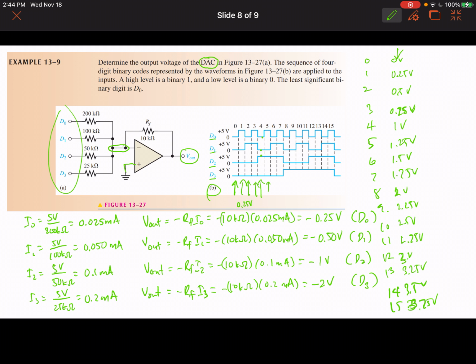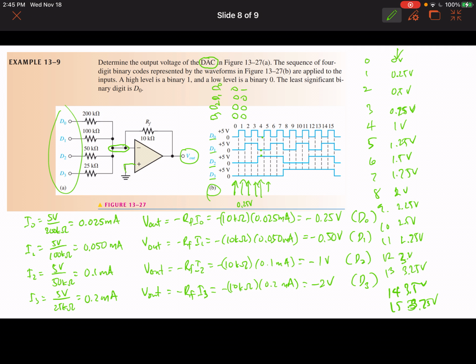So for example, we have here D3, D2, D1, and D0. So for time 0, we have all zeros, so 0, 0, 0, 0. Now for time number 1, we have all signals 0 except for D0. So this is 0, 0, 0, 1.